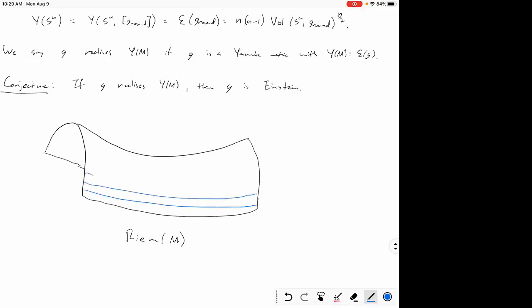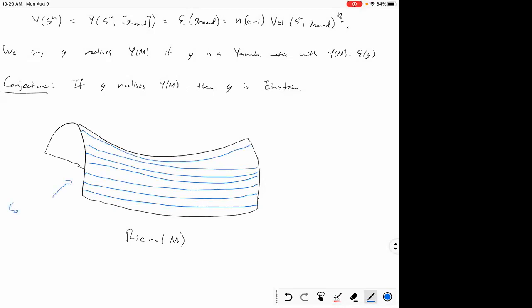The blue lines here are my conformal classes. And then within each conformal class, there's a Yamabe metric, which minimizes the value of the Einstein-Hilbert functional. I'm going to indicate them by a red dot.